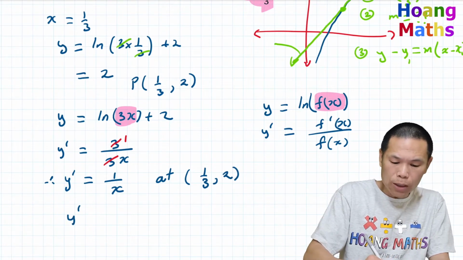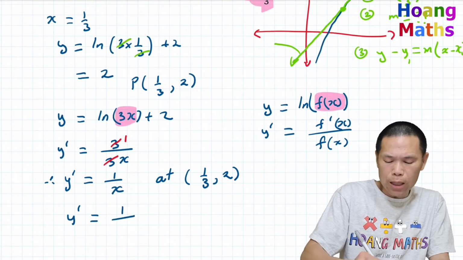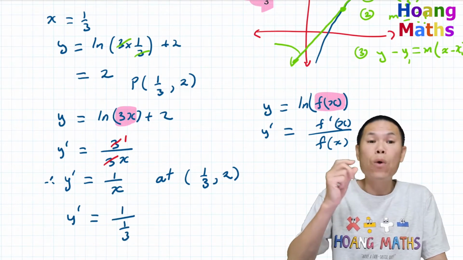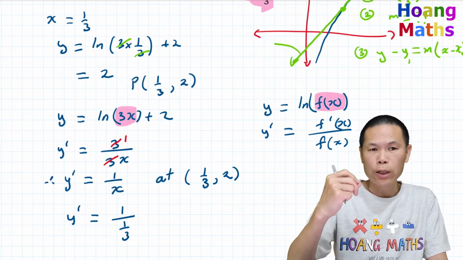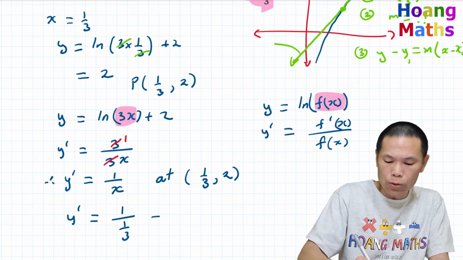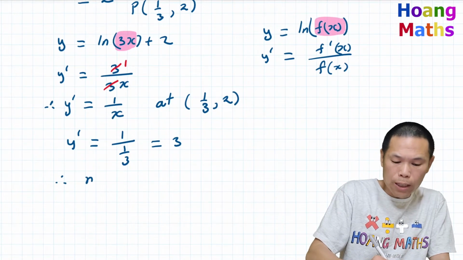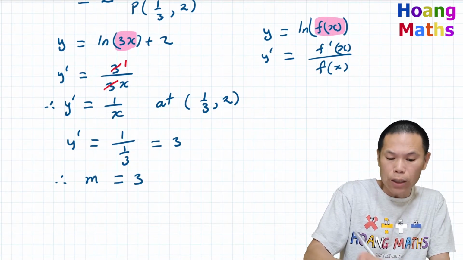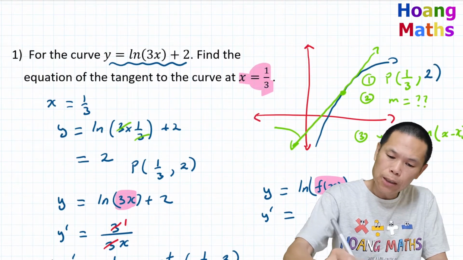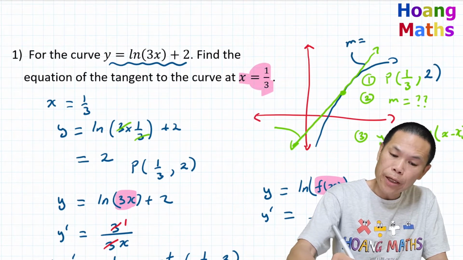So y dash gives me 1 over a third. 1 divided by a third is equal to 3. Therefore, the gradient of the tangent is 3, so m is equal to 3.